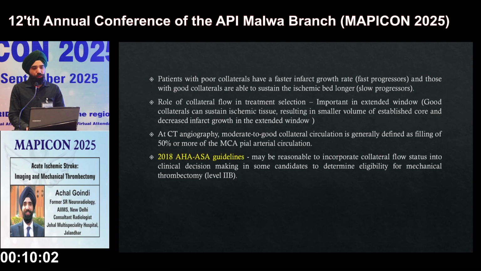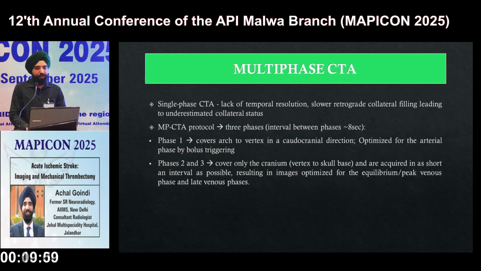And for collateral scoring, the better modality to use is a multiphasic CT rather than a single phase CT. In multiphase CT, the main difference is that we acquire the CT scan after giving contrast repeatedly 3 times. So once an arterial phase is acquired, followed by a capillary phase, followed by a venous phase.